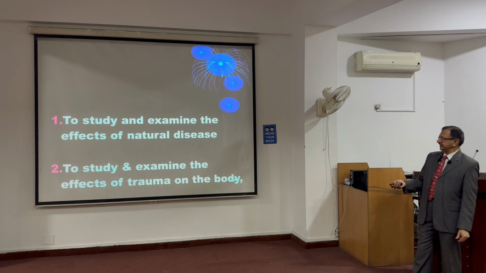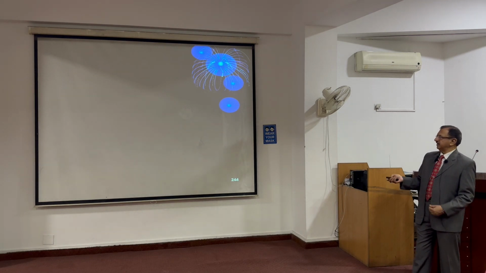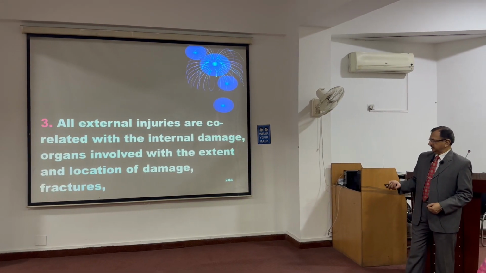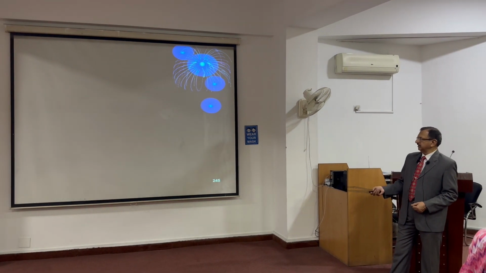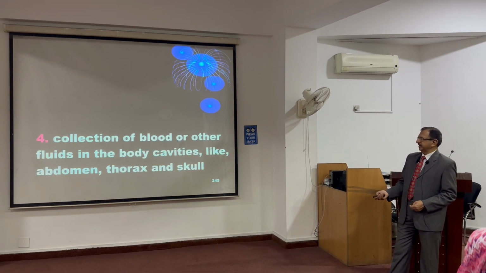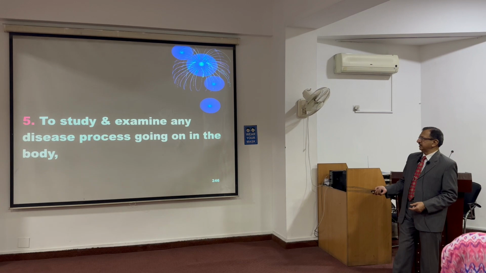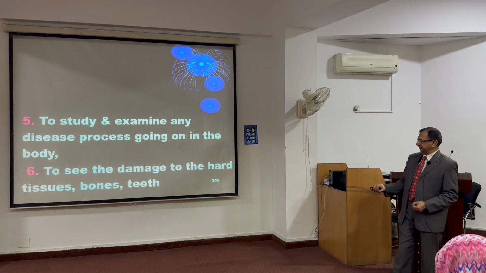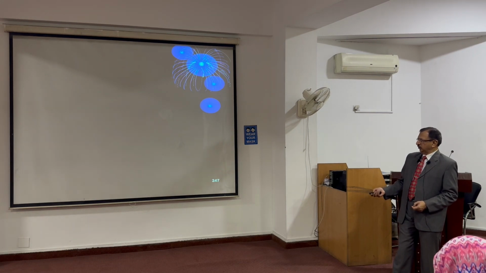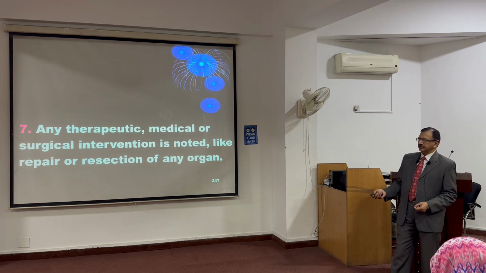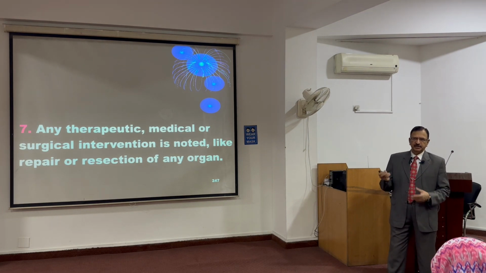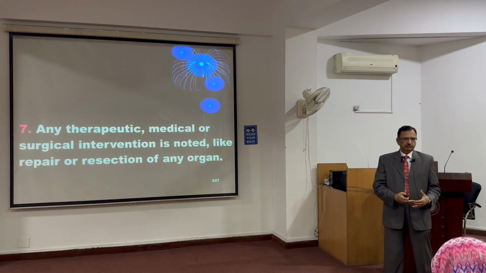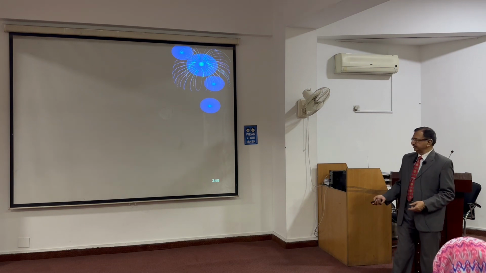Any natural disease, any effect of trauma, correlation of internal and external, and collection of material. So this is the main objective of internal examination. And to look for the damage, any therapeutic or surgical intervention, splenectomy, or any surgical procedure they have done.